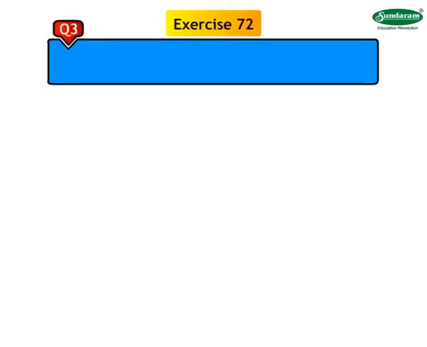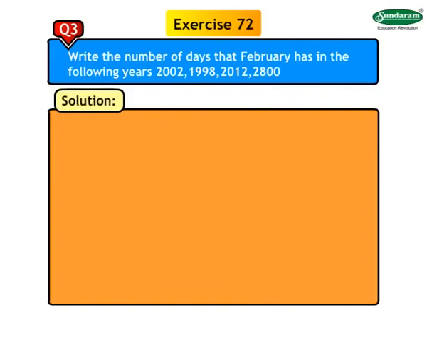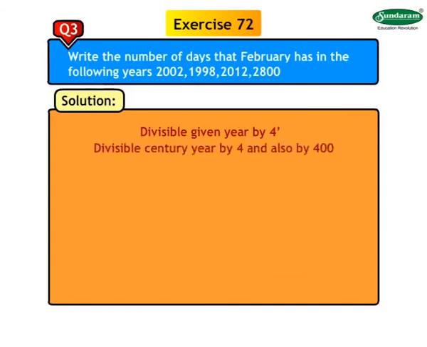Question 3 is, write the number of days that February has in the following years: 2002, 1998, 2012, 2800. Solution. As taught earlier in this chapter, for the month of February, we have to divide the given year by 4, and a century year by 4 and also by 400, to know the number.